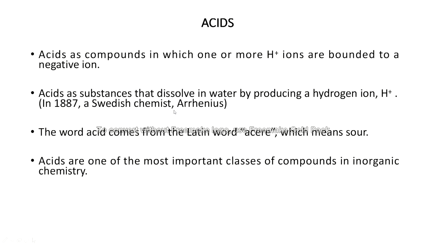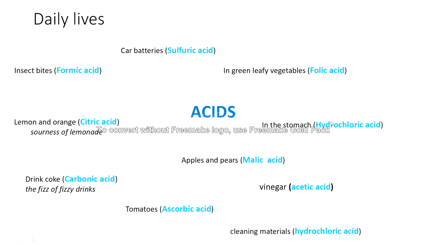The word acid comes from the Latin word acere, which means sour. Acids are one of the most important classes of compounds in inorganic chemistry, and one of the reasons is because of their uses. We can find acids in many components in our lives.